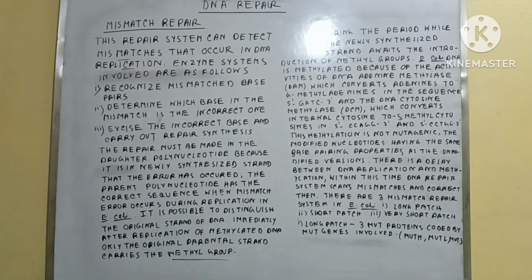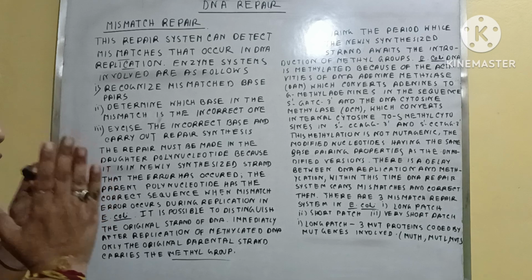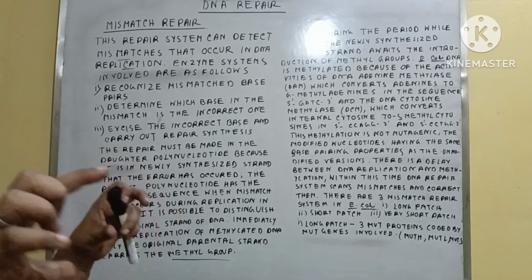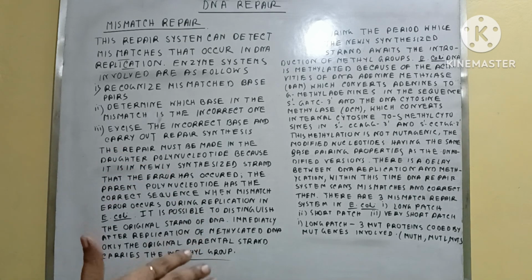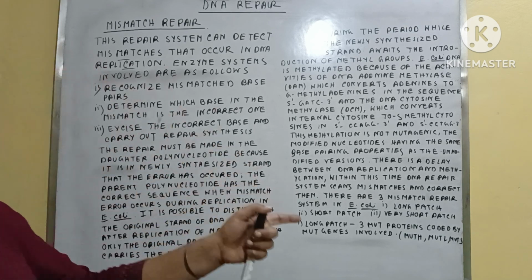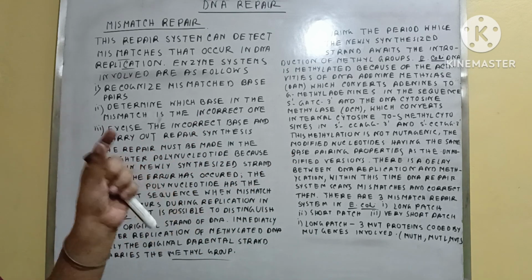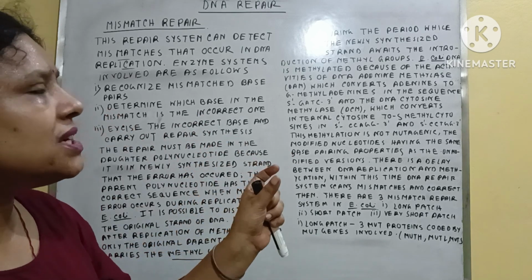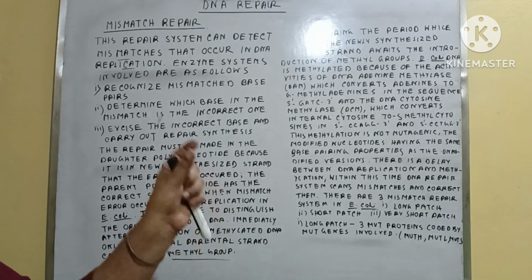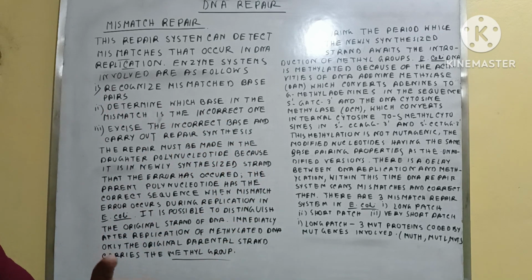So when this repair system occurs, just in the period of replication, when the methyl groups try to attach to the newly formed DNA strand, this is the actual period of time when the mismatches are recognized and corrected by the enzymes.